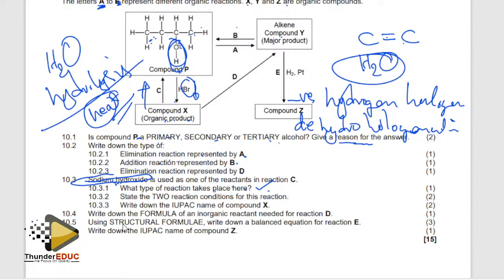Write down the formula of the organic reactant needed for reaction D. What is reaction D? They're saying write down the IUPAC name of the organic compound at D. So you have this, you form this. How will I know the number of carbon atoms?